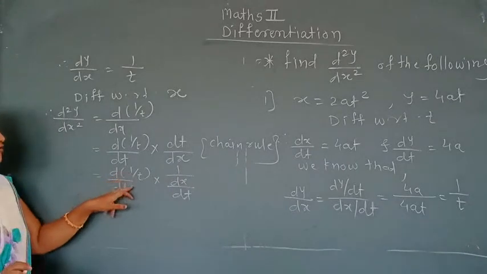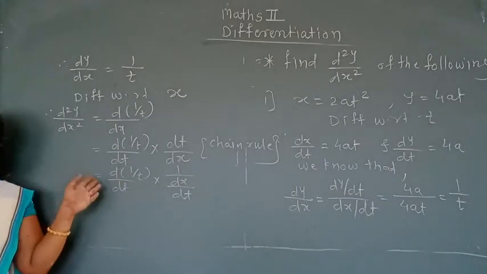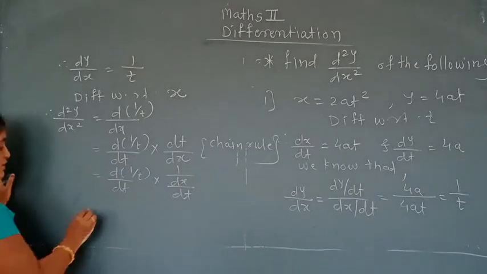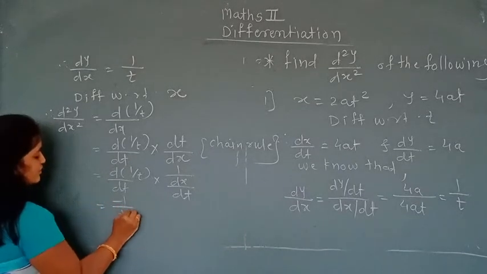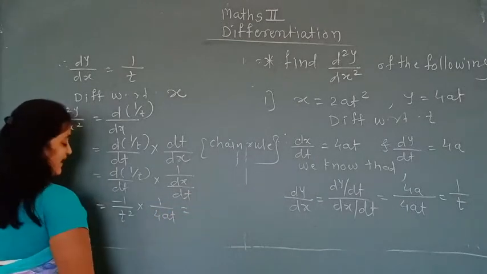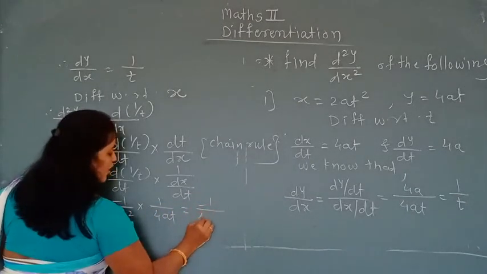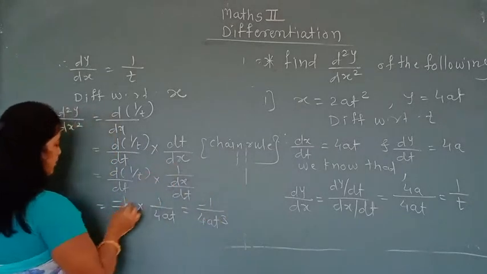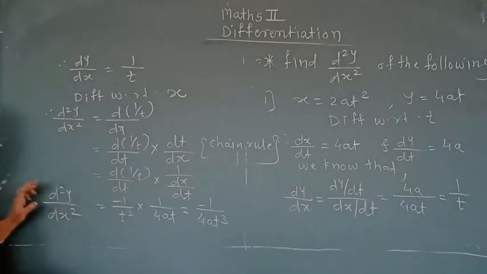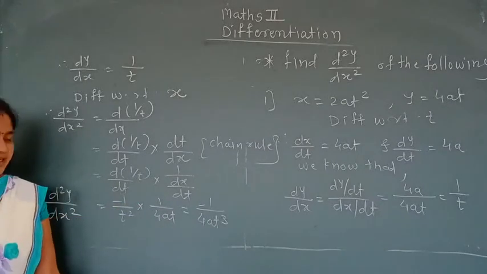And the derivative of 1 upon t, which is a standard form, is minus 1 upon t square. So minus 1 upon t square multiplied by 1 upon 4at. So your final answer is minus 1 upon 4at cube. So the double derivative of y with respect to x square we get as minus 1 upon 4at cube.